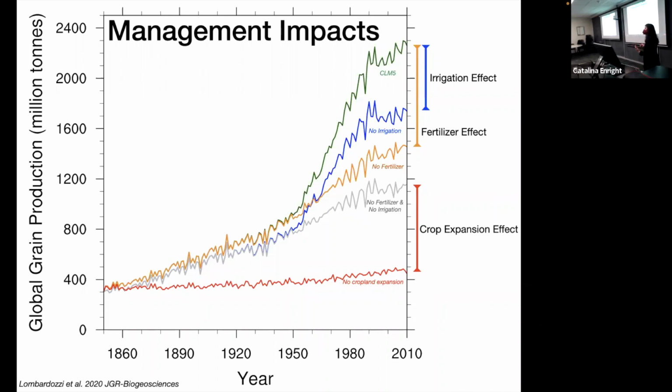Granted, this is not including irrigation or fertilization effects, and so it's potentially smaller. It's an inferred change, but it's not nearly as large as the impact of cropland expansion or fertilization or irrigation. So climate change has increased crop yields a little bit, but not nearly as much as agricultural management.